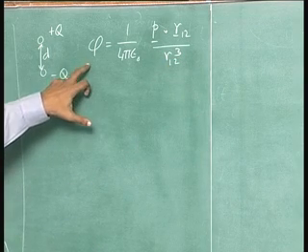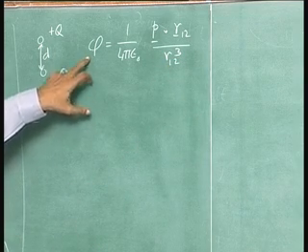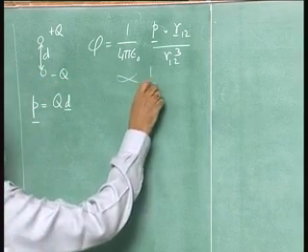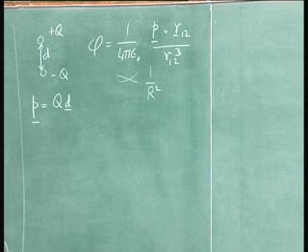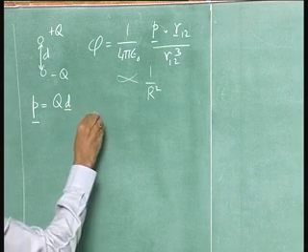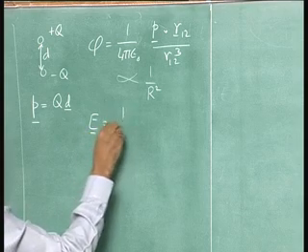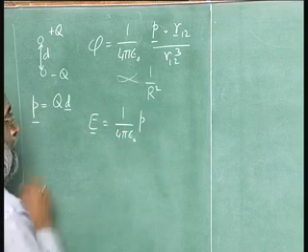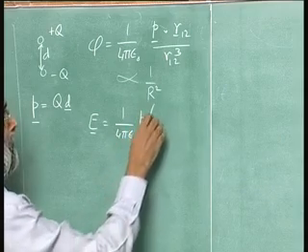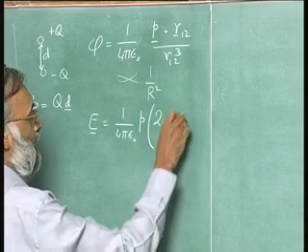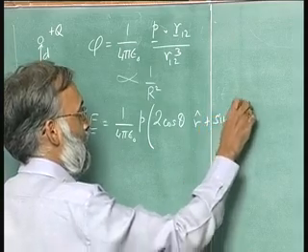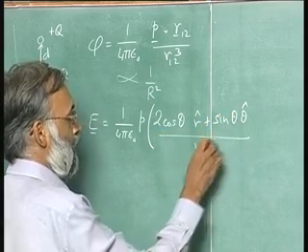So, the potential, unlike for a charge, the potential due to a dipole is proportional to 1 over the square of the distance. And if you work out the electric field, E is equal to 1 over 4 pi epsilon naught times the magnitude of P times twice cos theta in the r direction plus sin theta in the theta direction divided by r cubed.